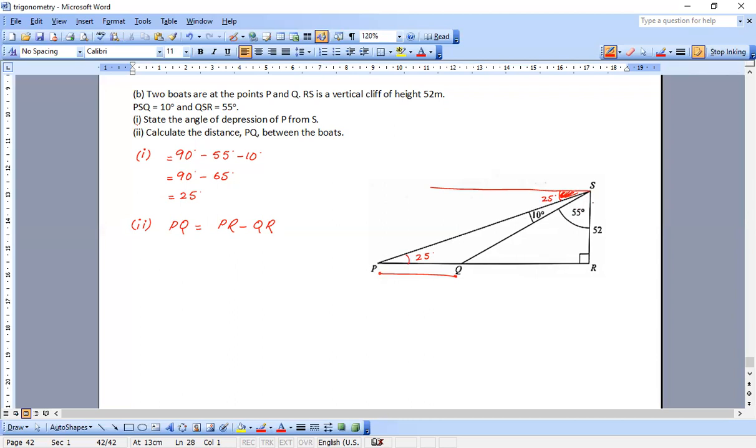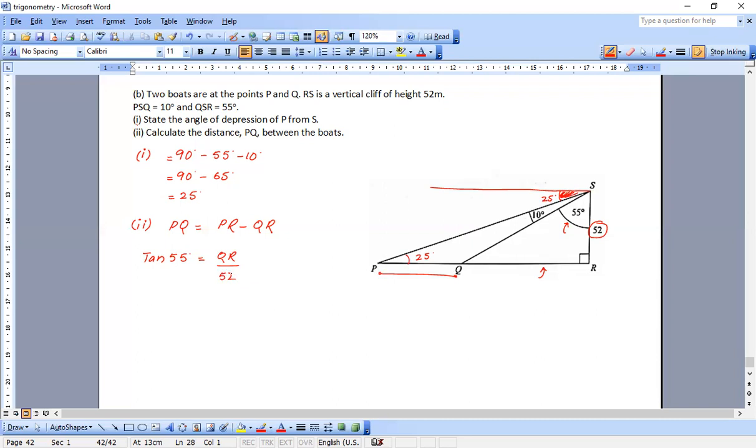I am going to consider triangle QSR. In triangle QSR, I have this side and I'm trying to find out this side. I know this angle, so I am going to use tangent to find out the length of QR. Let's say tangent 55 degrees is equal to opposite, which is QR, upon adjacent, which is 52.